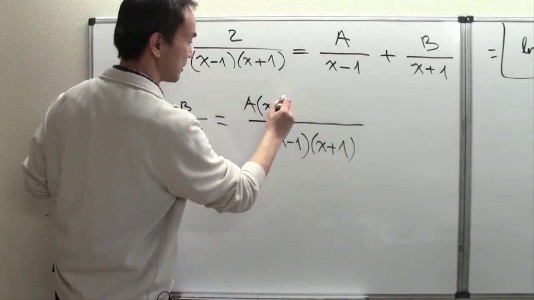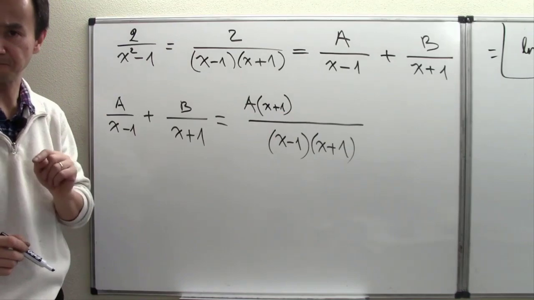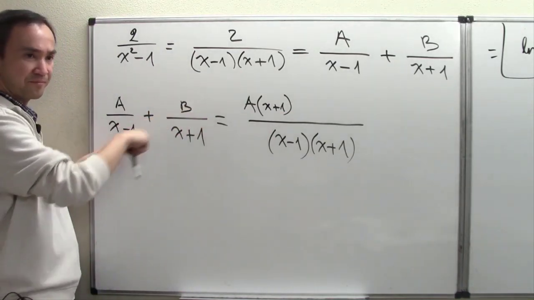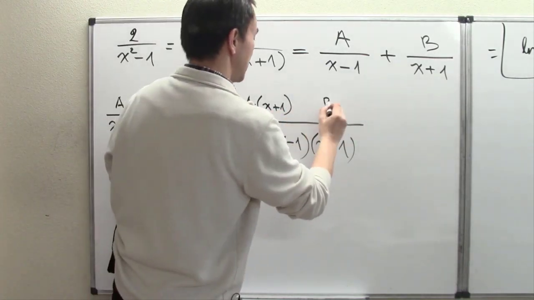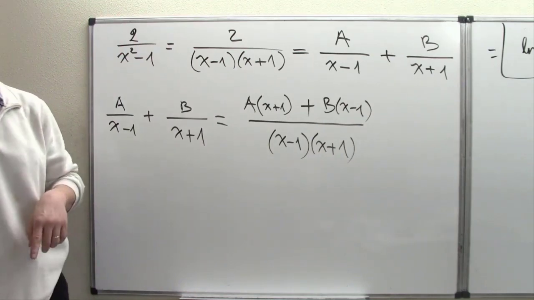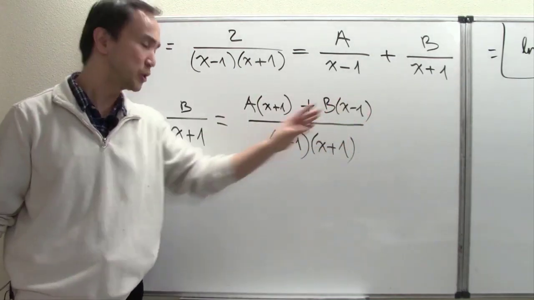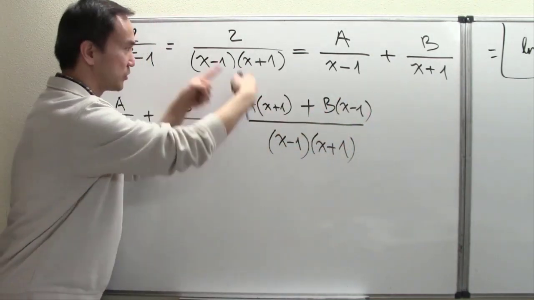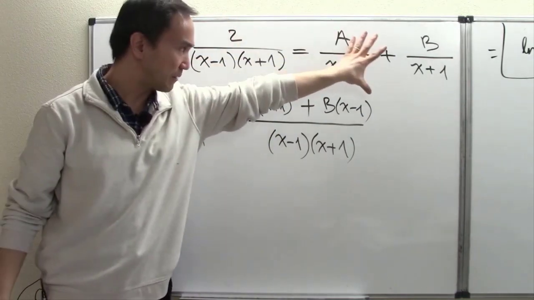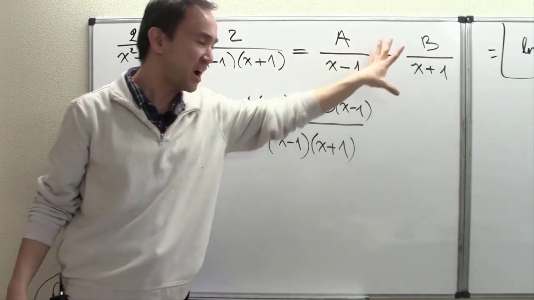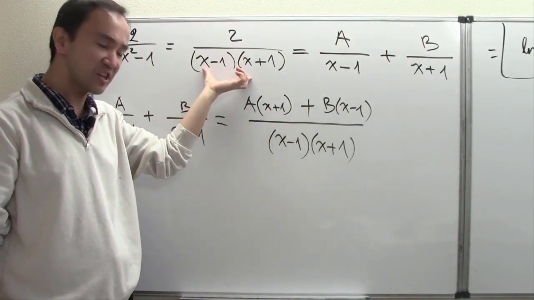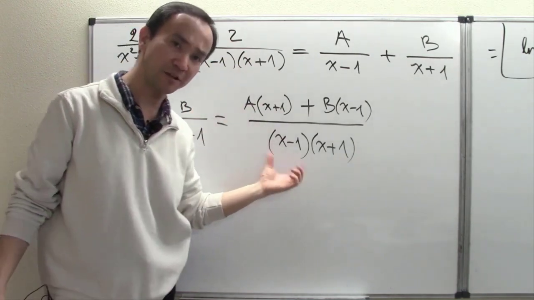That's just algebra, everything here is completely algebra. B will multiply with x minus 1, and we add between the 2 terms. That's how we combine the 2 fractions into 1 fraction to get back to this beginning one. So this beginning one will equal that. That's how we're doing it theoretically.